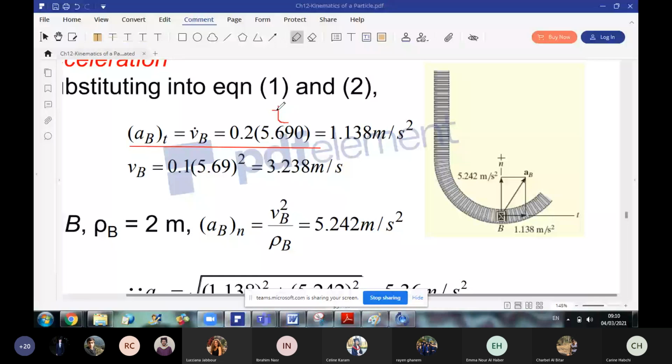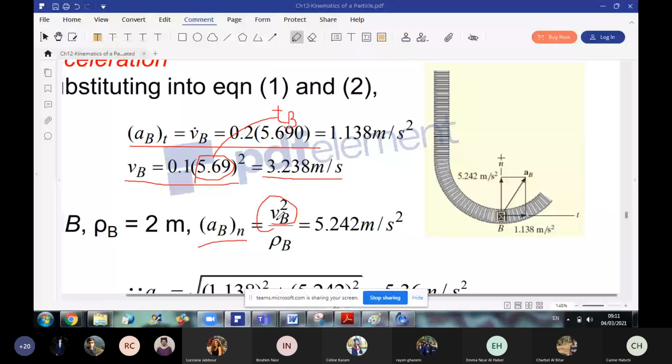I get AB tangential. And now to get AB normal, I need first the velocity at B. To get the velocity at B, I know the expression of VB as a function of time. VB is 0.1 t squared. So I just replace t by its value at B, tb, and I get the value of velocity at point B. And once I know V at B, AB normal will be equal to VB squared over rho.